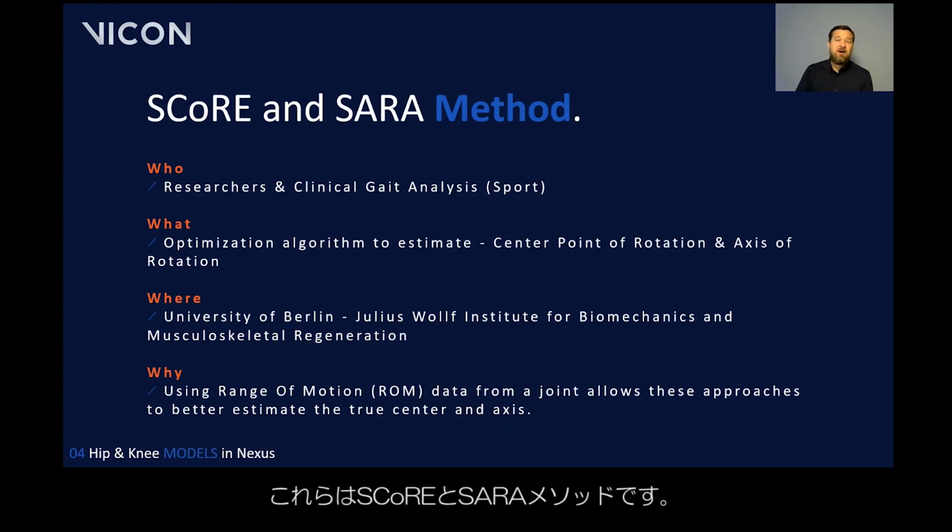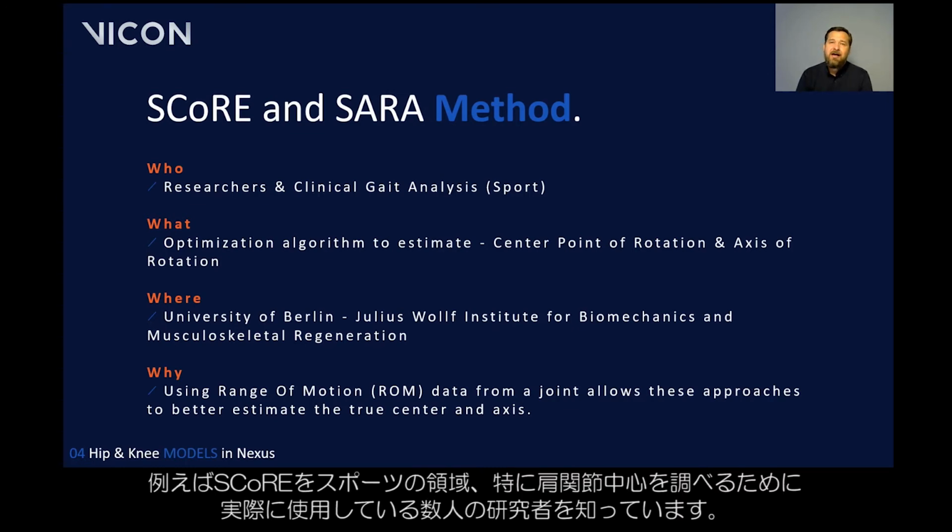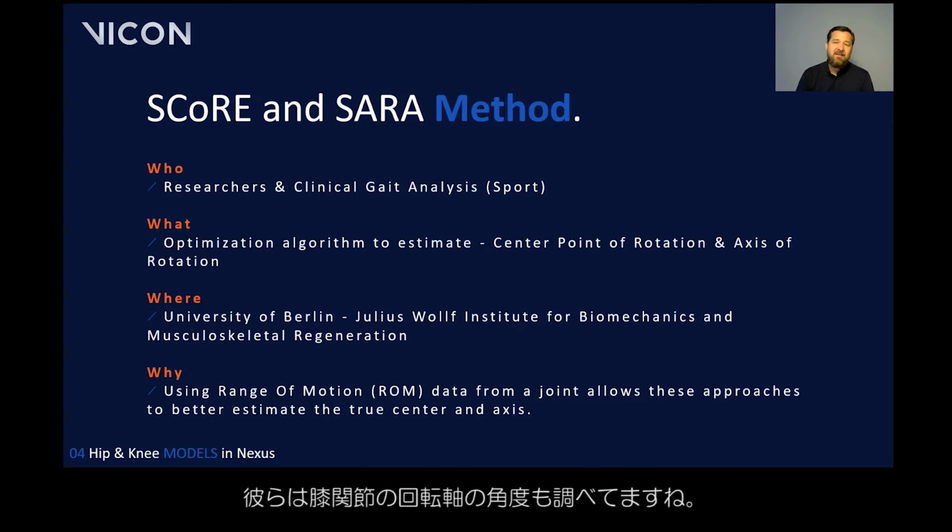So what we have is the SCoRE and SARA method. It was originally designed for researchers and clinical gait analysis, and I'm actually aware of a few researchers who are using this in sports, especially the SCoRE method to look at the shoulder joint center and even the elbow axis of rotation.